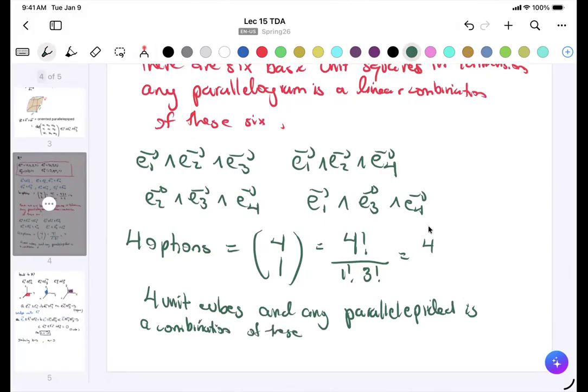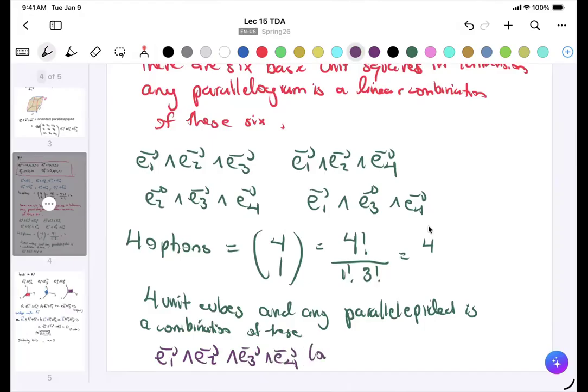And there's only one which you call top dimensional when it's in R4, which is E1 wedge E2 wedge E3 wedge E4, right? So that's the only four-dimensional hypercube in four dimensions, which makes sense. That's the one that's maximum dimension.